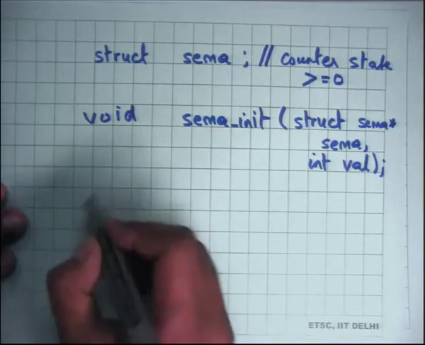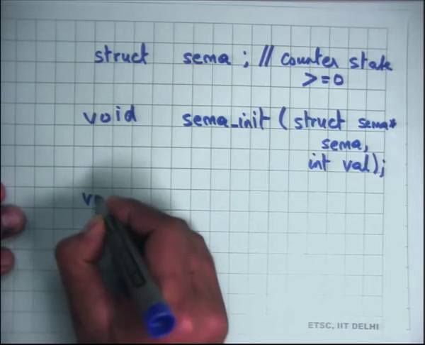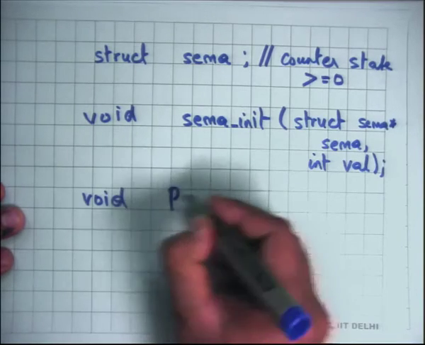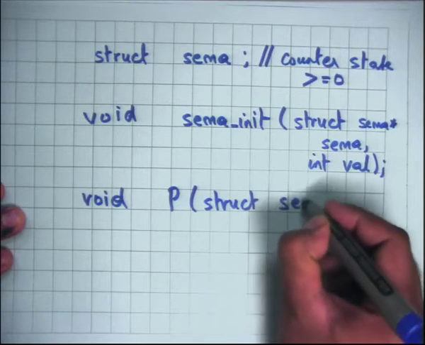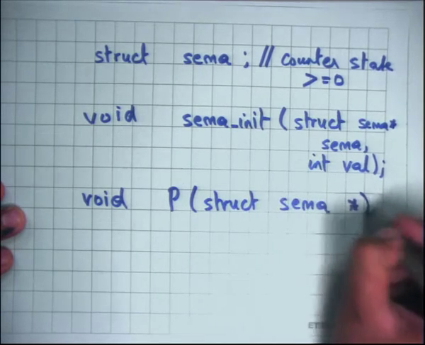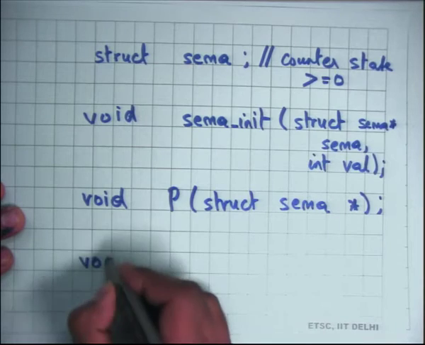All right. Then there is a function called p, and there is a function called v.